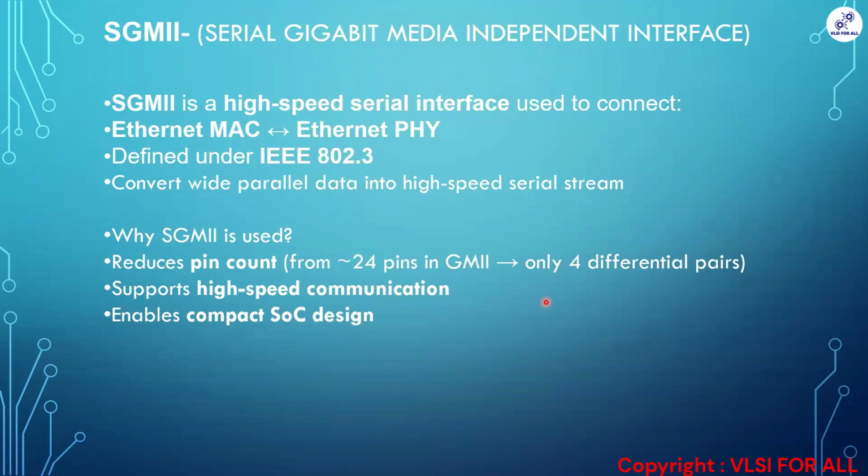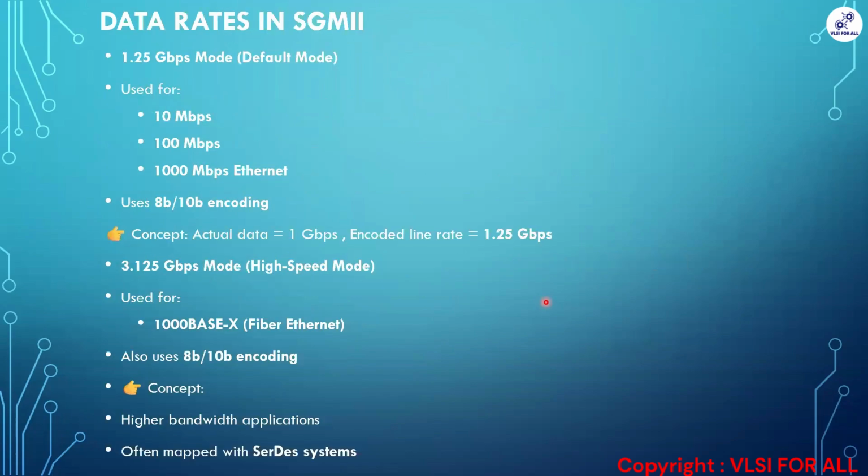With the help of those 4 connections, it supports high speed communication, and it enables compact SoC design. And we can see the data rate in SGMII is 1.25 gigabits.